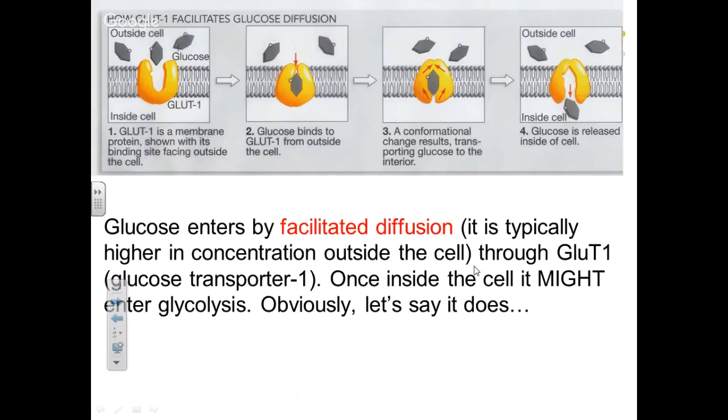A facilitator is someone who helps things, like a protein, and diffusion is going down something's gradient. So facilitated diffusion is going down a gradient using a protein facilitator. Does that make sense? You do have a test on that tomorrow. Yes, hopefully you remember that.